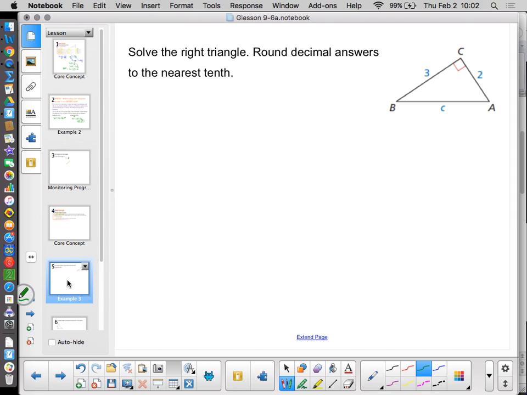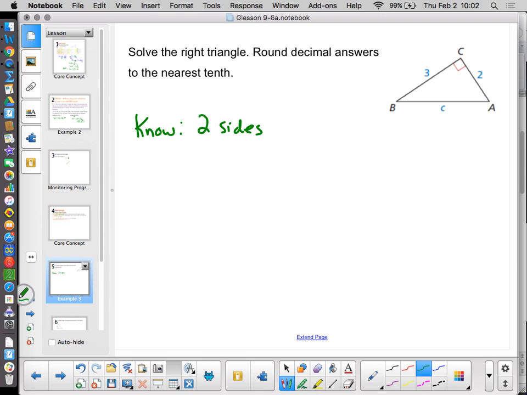So, here's a triangle. I want to solve the right triangle. Round answers to the nearest tenth. I need to find the measure of angle A, the measure of angle B, and side C. Now, in this particular case, look at what we know. I know two sides already.